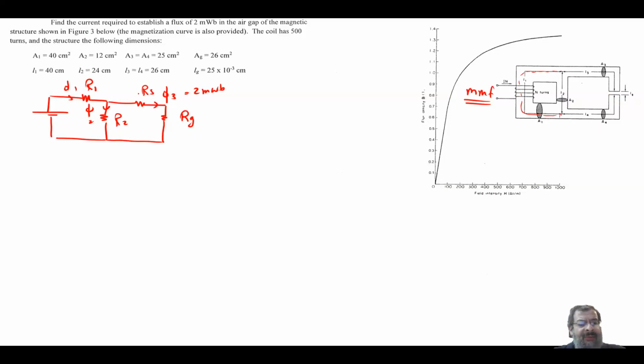Since I know mu, I can find reluctance 3.